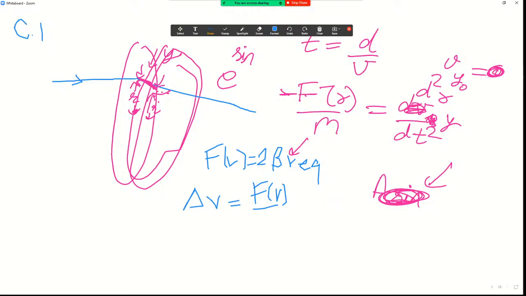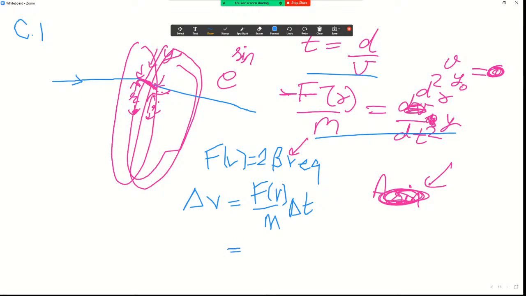Okay, so then the change in velocity is from what's written here. dv by dt is equal to f over m. So the change in velocity is just this, and we also know that t is equal to d over v.